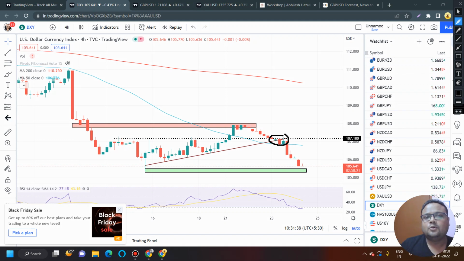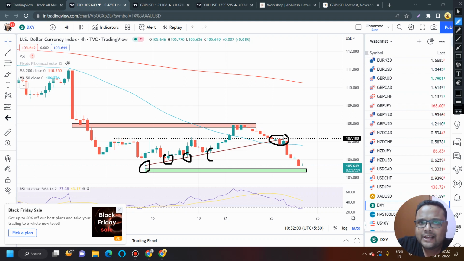So we were not sure whether dollar would recover or not, because previously dollar was showing signs of recovery. Dollar was constantly forming higher lows, but ultimately dollar surrendered and we saw massive sell.